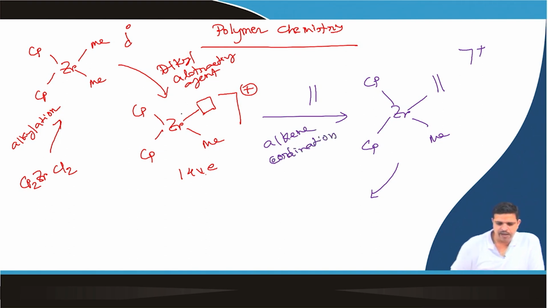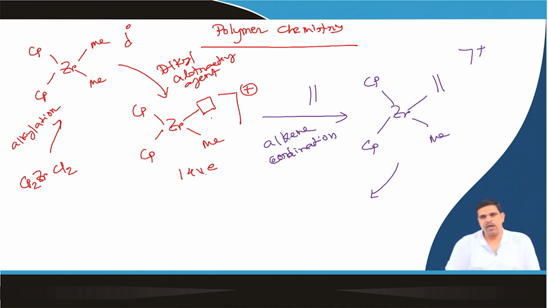This methyl abstracting step is essential to create the coordinative unsaturation, because if we don't offer a space for the incoming substrate, then it cannot come to close proximity of the metal center.